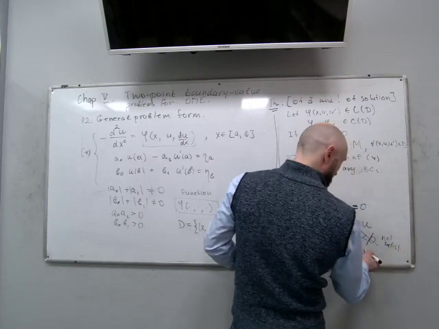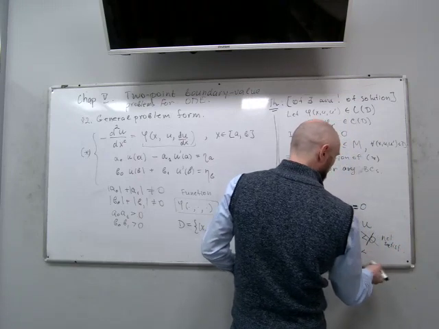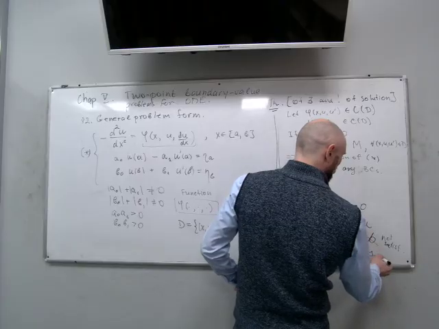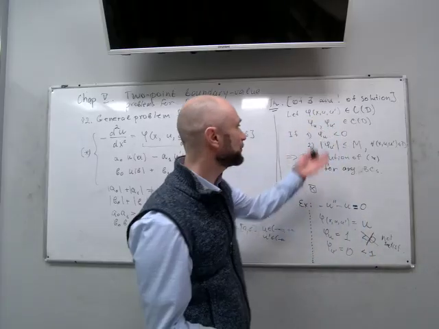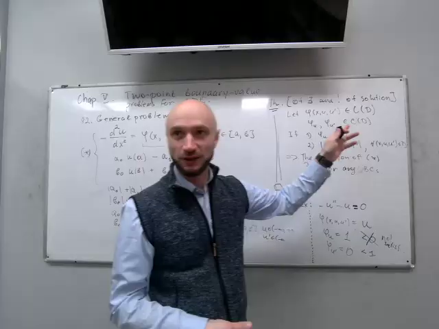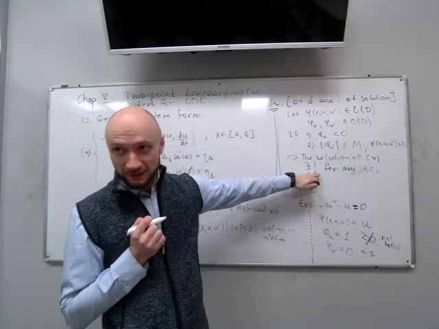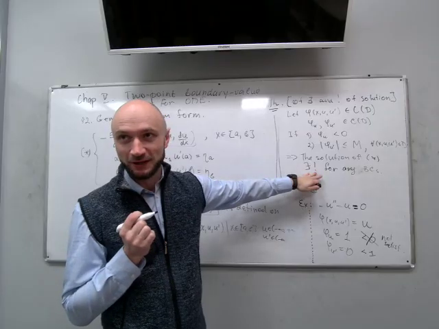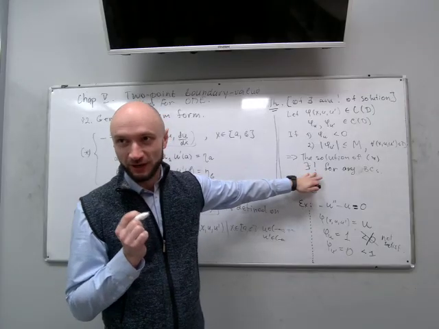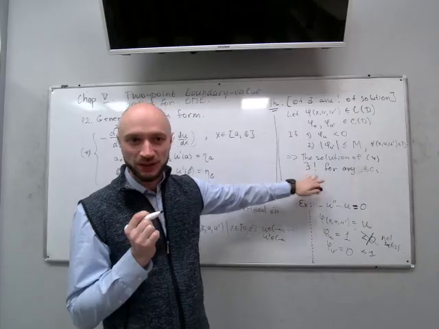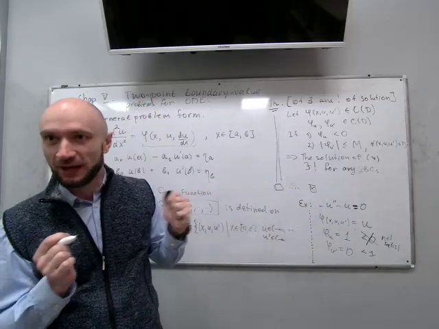And this is satisfied, right? Yes. It's less than, for example, 1. But it's not sufficient because this condition fails. So we cannot say that there is a unique solution for any boundary conditions. We cannot say that based on this theorem.